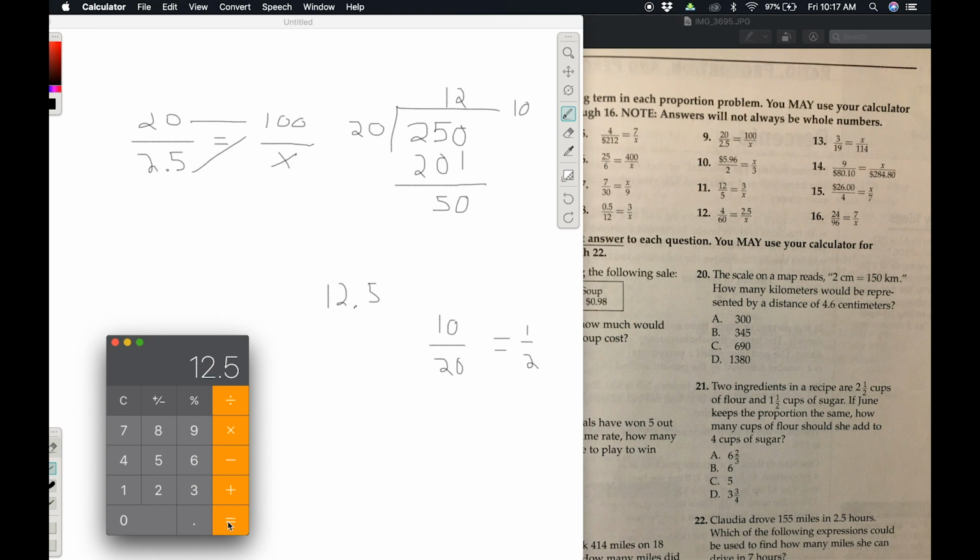Let me just check real quick. I don't want to give you guys any incorrect information, so I want to see what they're expecting. Yeah, so it is 12.5.